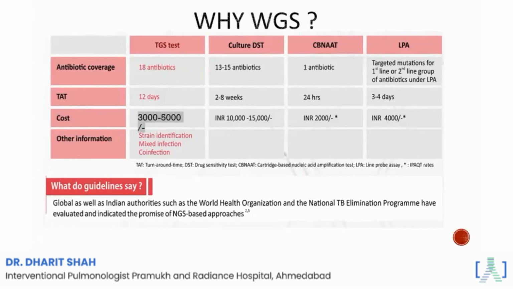If you approach a patient with CBNAAT at 2,000, then LPA at 4,000, then culture DST at 15,000, the cumulative amount is higher than WGS. With the help of Thyrocare, we can get a report within 3 to 5,000 only. And the main advantage is that you also get strain identification and mixed infection reports.